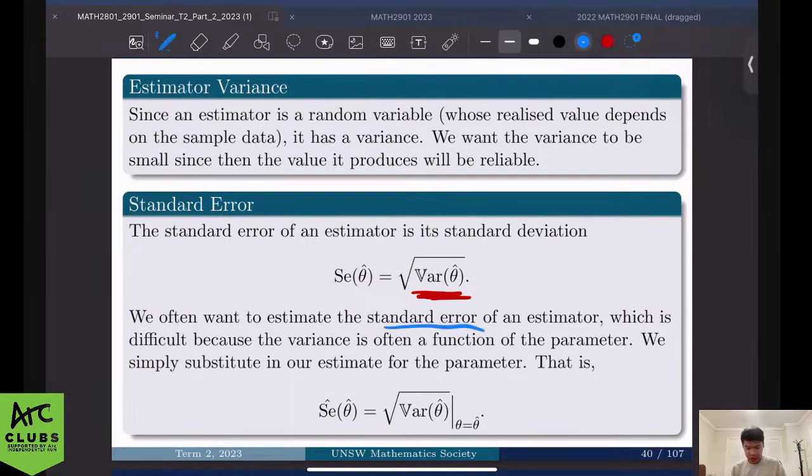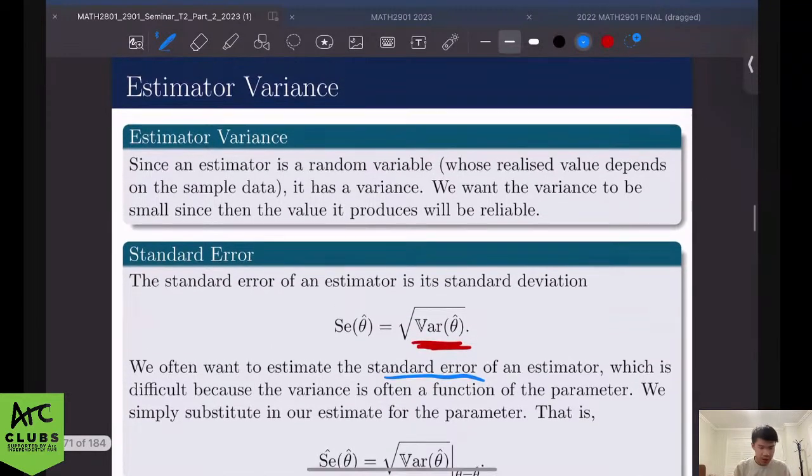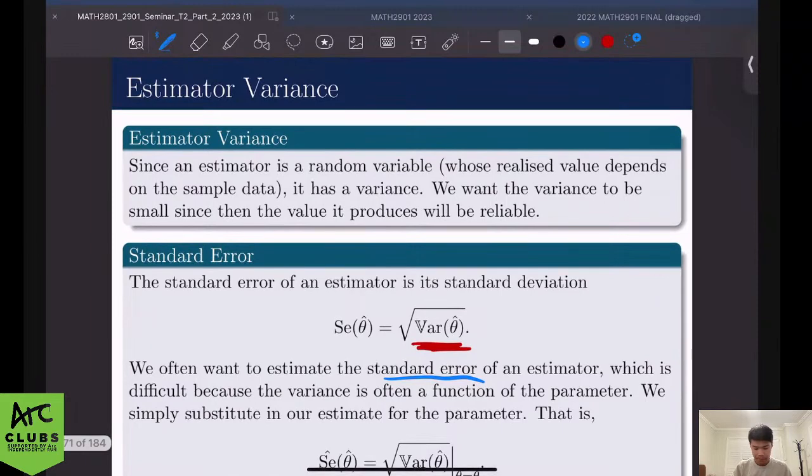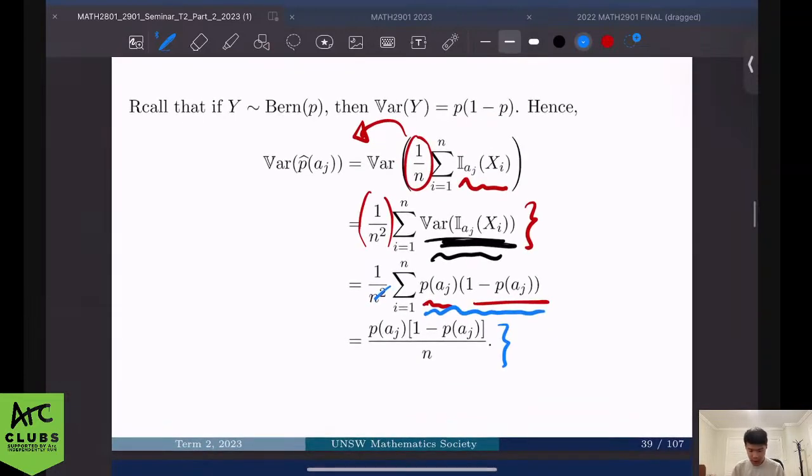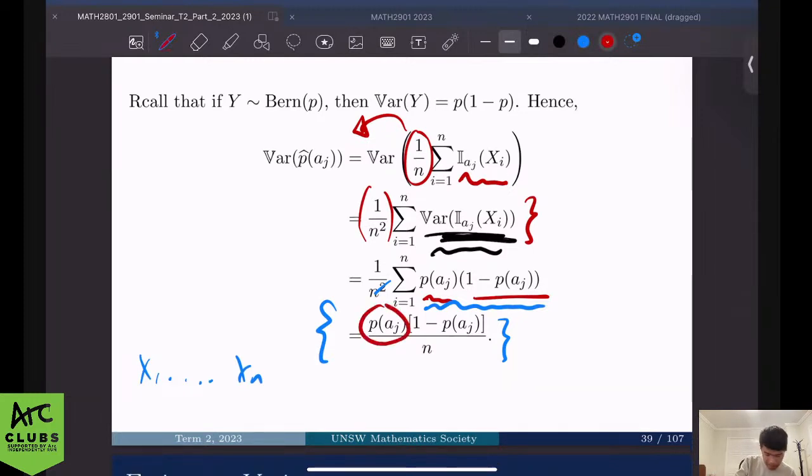Sometimes you want to estimate this standard error. Take the previous example: the variance of the estimator is equal to this. If I give you a bunch of values x1 down to xn and you want to estimate the variance, you still don't actually know what this value is. Remember, the thing with a hat is the estimator, and the thing without the hat is what you're actually trying to estimate.